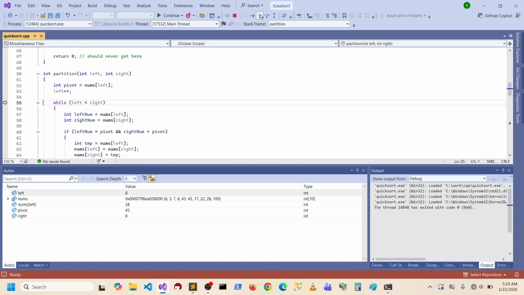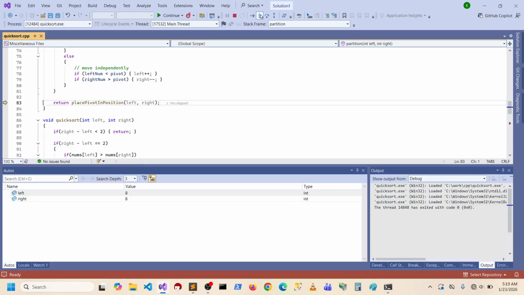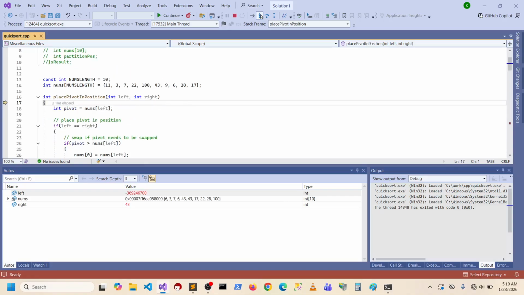All right. This is where we were. So now our pivot shouldn't have been 6 anyway. It's 28. Okay. So it should swap the 43 with 28.